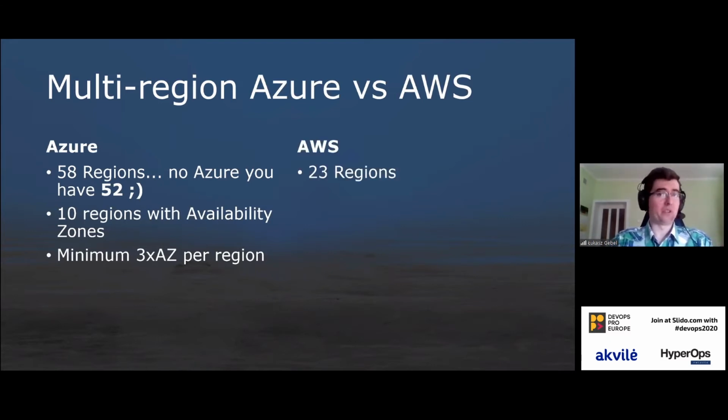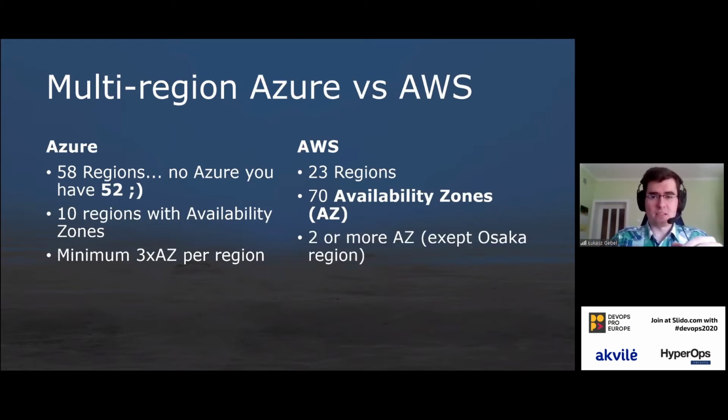AWS have different approach. So they have only 23 regions. However, they have 70 availability zones. So they are recommending to optimize your flows for availability zones. And 2 or more AZs are available in all of the regions except the new one, the small one, Osaka, which is recommended to go in pair with other small region.